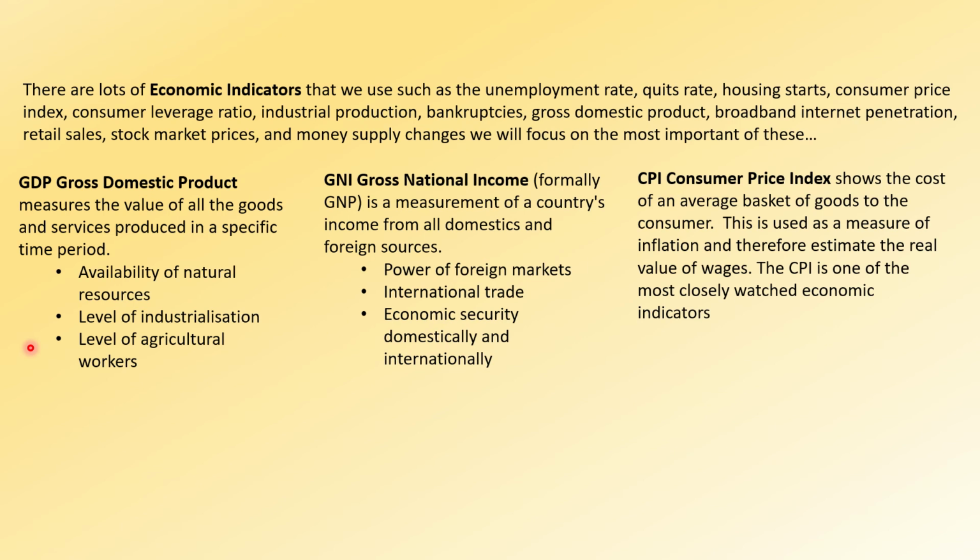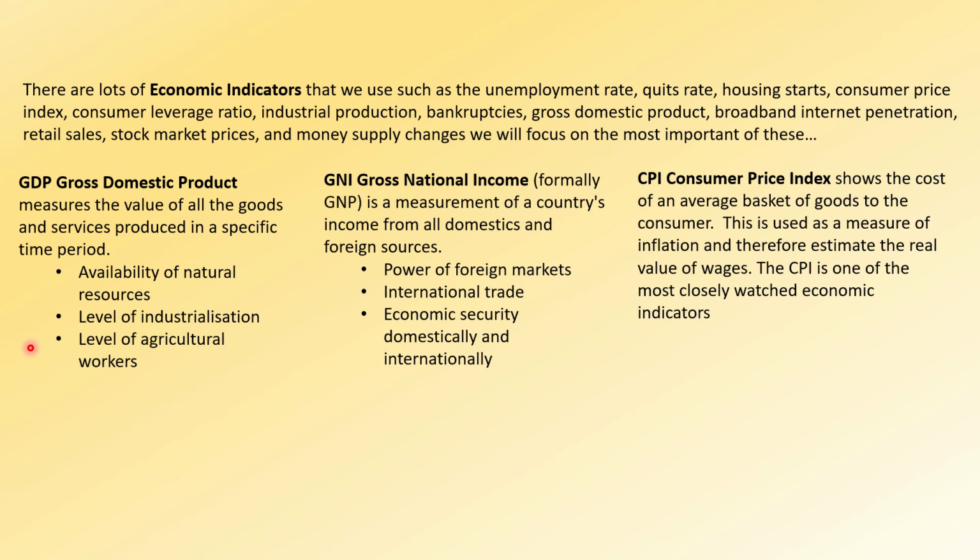You'll be aware that the price of things in the shops can go up or can go down. And also your wages for the work that you do could go up or could go down. What the CPI does is it works out whether the wages we earn are going up at the same speed that the price of goods in the shops are going up.